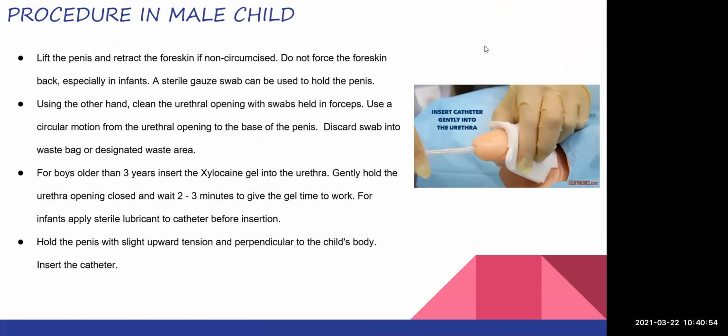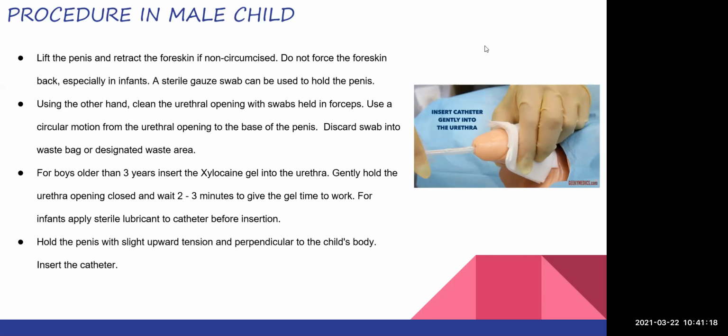And when we are inserting the catheter, leave the penis and retract the foreskin if non-circumcised, and do not force the foreskin back, especially infants. A sterile gauze swab can be used to hold the penis. So using our other hand, clean the urethra opening with swabs held in forceps, and we use a circular motion from the urethra opening to the base of the penis.